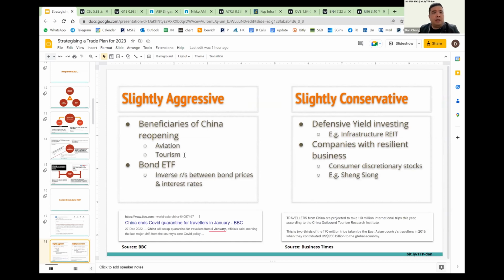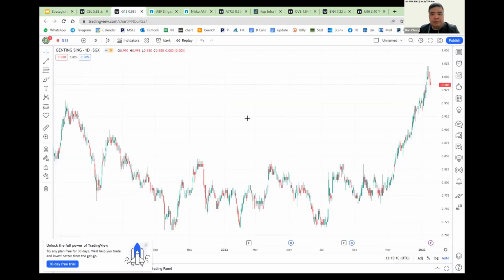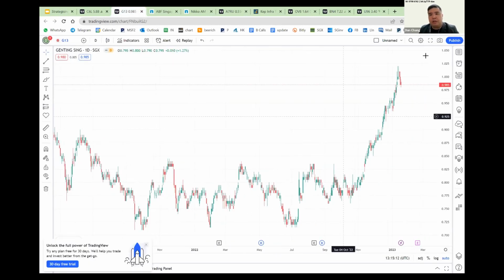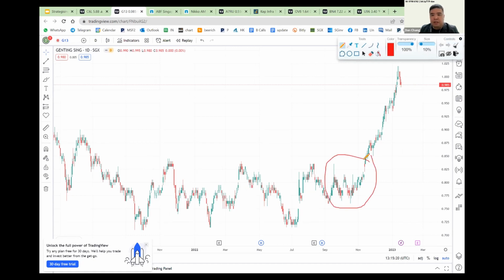Looking at the chart of Genting, as you can see, ever since the news of the Chinese lockdown being lifted, when China announced that they will relax the lockdown, and subsequently said the quarantine and border will be easing, and January the 8th, where people can actually travel, is around here. Throughout this period, as you can see, Genting has been on an upward trend.